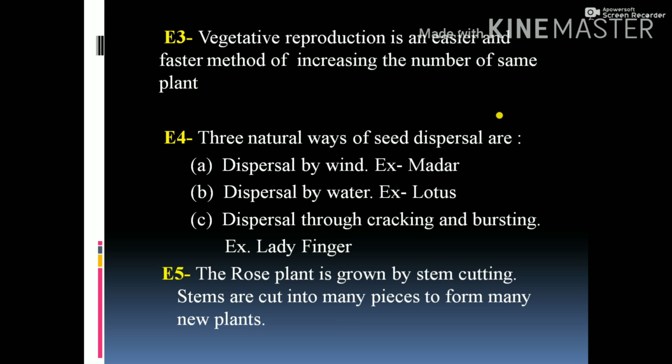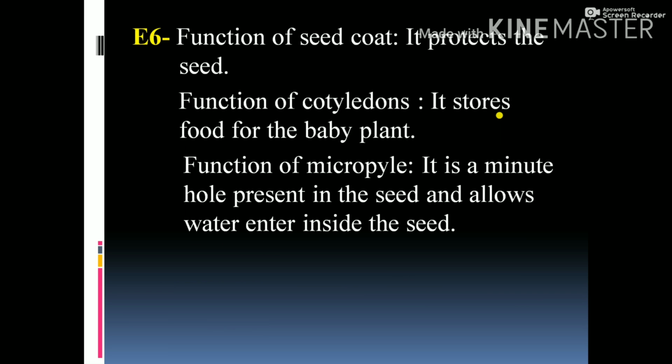Number 5, a rose plant is grown by stem cutting. Stems are cut into many pieces to form many new plants. It means you have to take care when cutting the stem that each piece should contain nodes, so that the branches will arise from them.